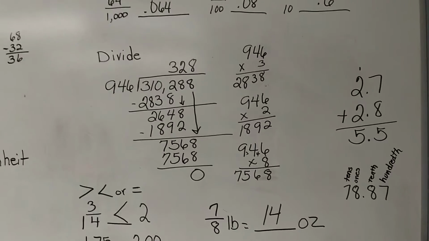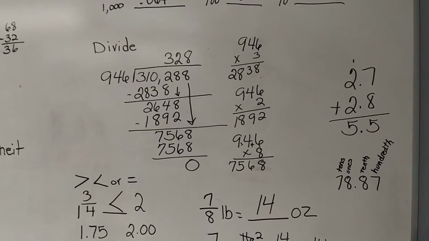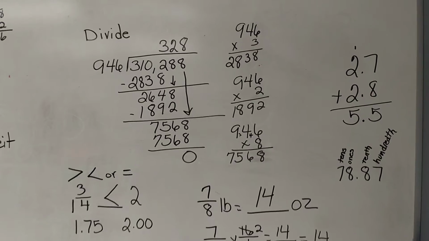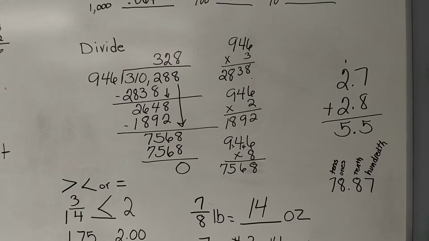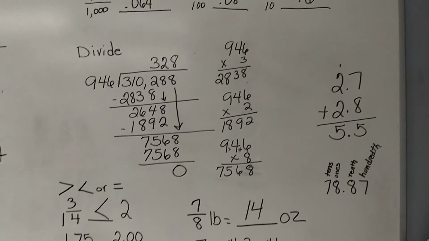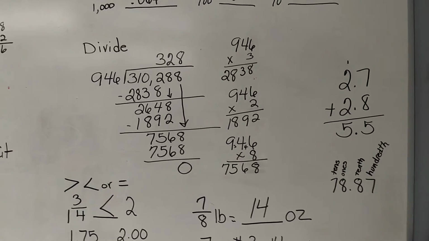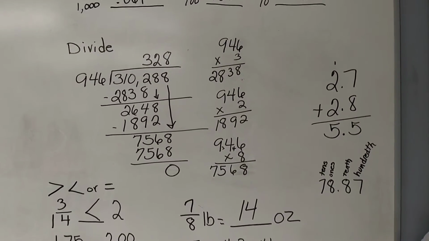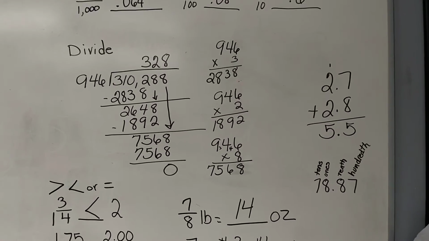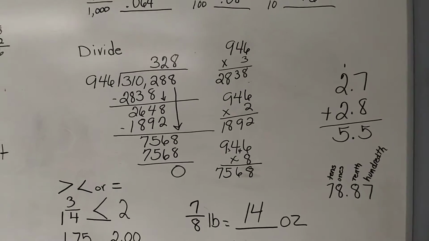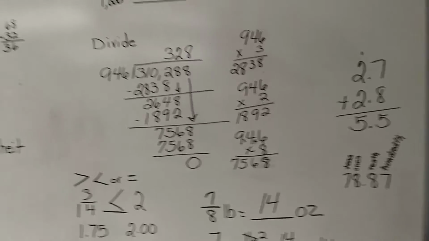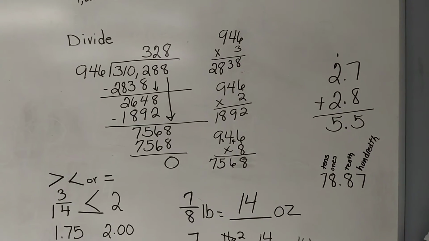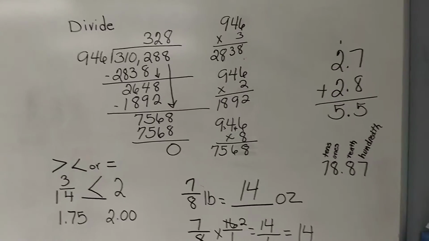All right, you have 946 divided into 310,288. You would start multiplying. 946 times 3 is 2,838. You would subtract, which you would have 264. You bring down your 8.